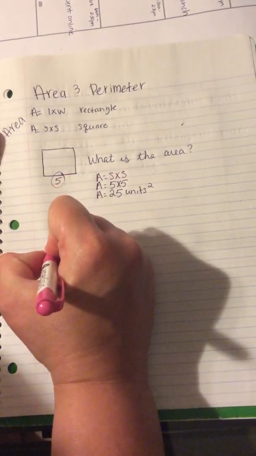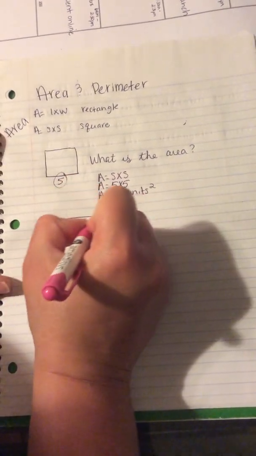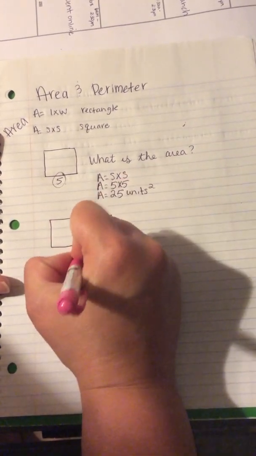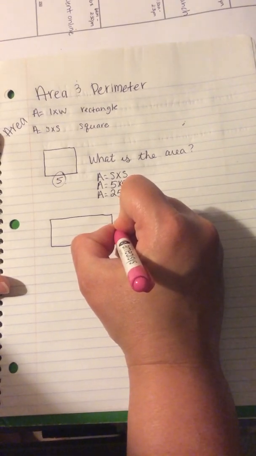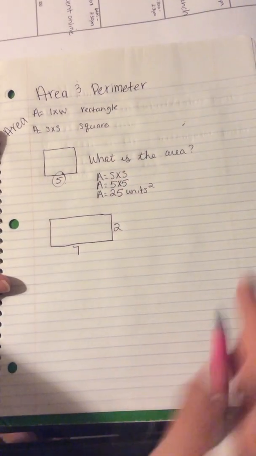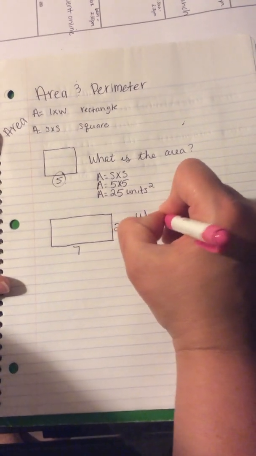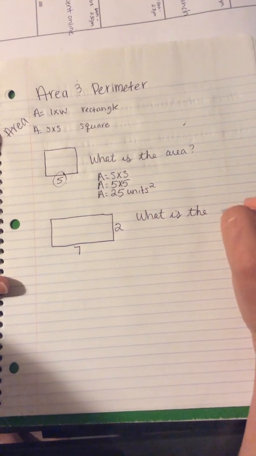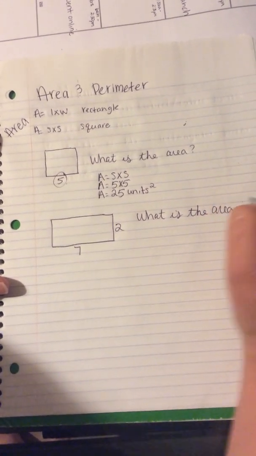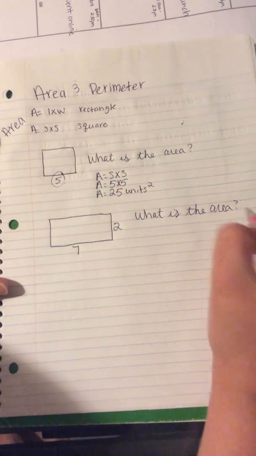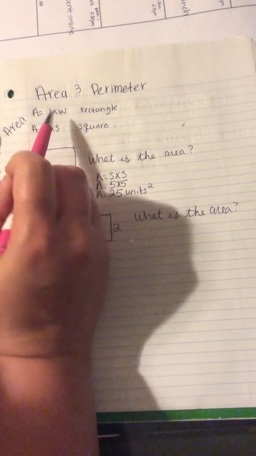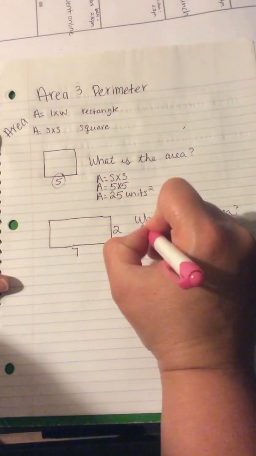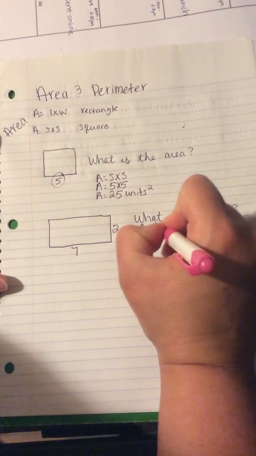Let's do a rectangle. Alright, so if I wanted to find what is the area again, I would see that this shape is a rectangle. Looking at my formula chart, I know the formula for area of a rectangle is A equals length times width.